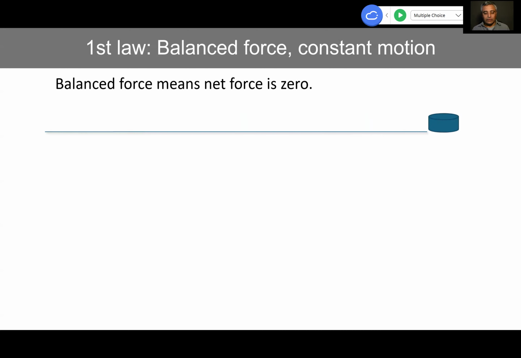And why do we see that it always stops? Because there is an unbalanced friction force. So when we have to keep driving a car at 70 miles per hour, we need to just keep pushing the gas pedal a little bit to counter the resistance from the friction. And of course, there is wind resistance as well. That's all we need fuel for, okay? Unless we are going uphill.